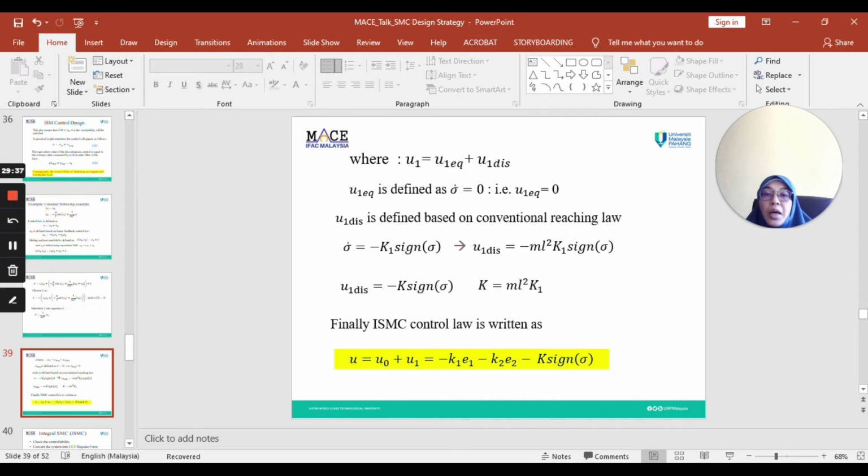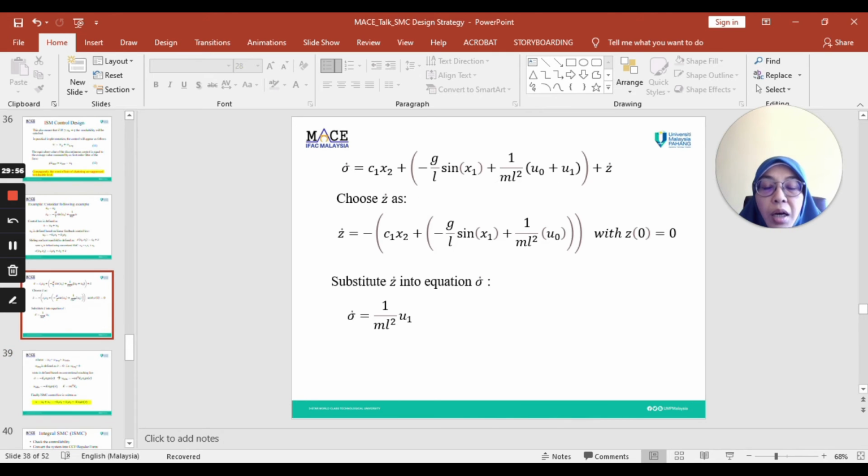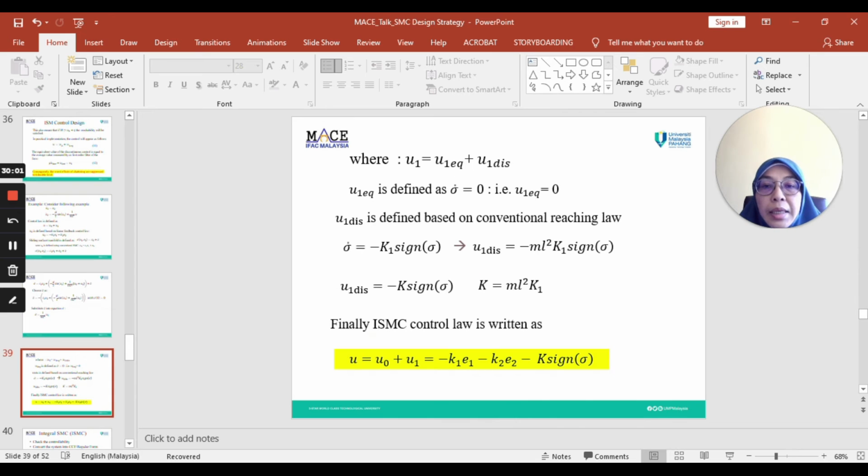However, in some cases we may not have zero equivalent control. We will have something in u equivalent, so it depends on the system, or on our choice of z dot. Now we can define our discontinuous control u1 switching as a conventional reaching law.